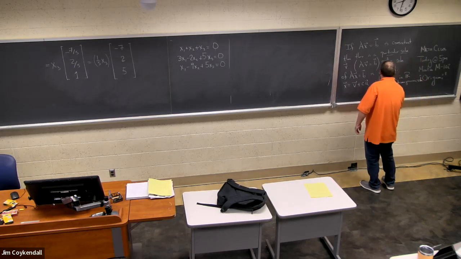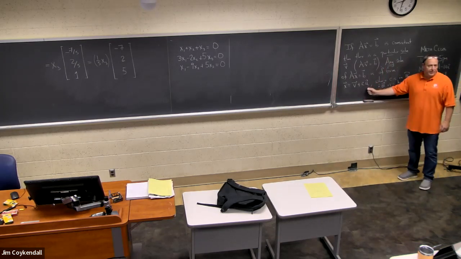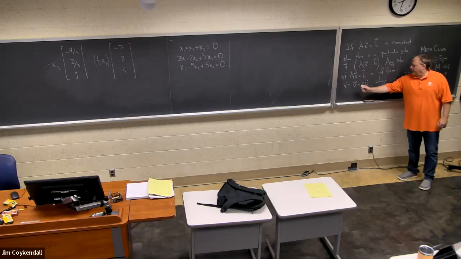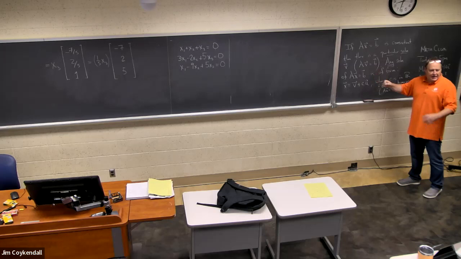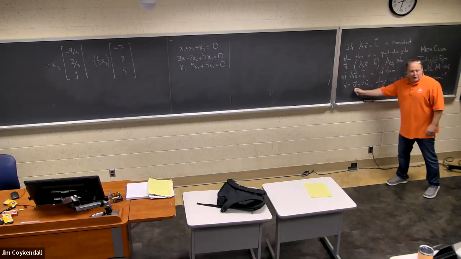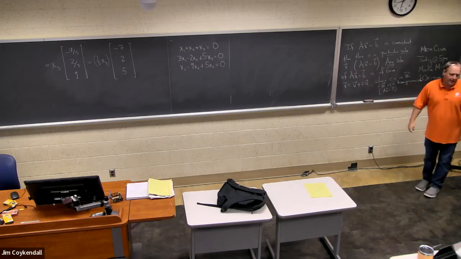That is to say, Au equals 0. This is a cool little result because what it says is, if you find any solution to this, then any other solution is just the solution you found plus a multiple of the homogeneous solution.